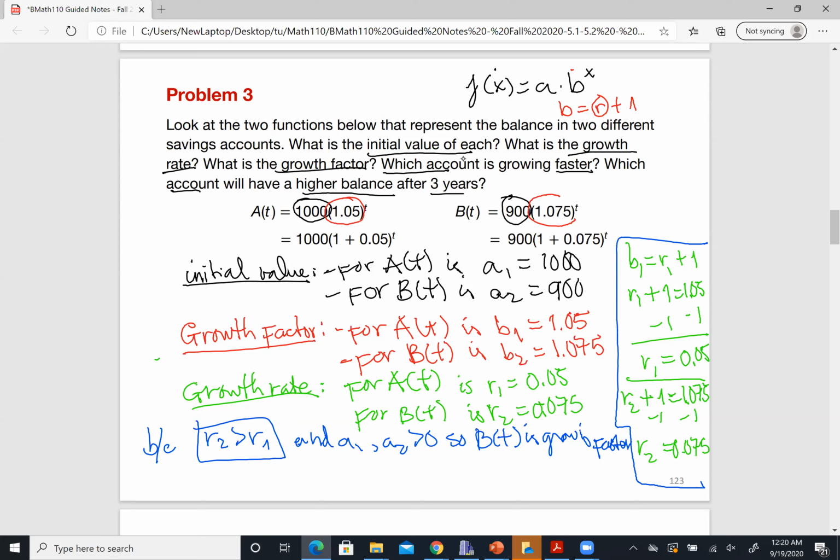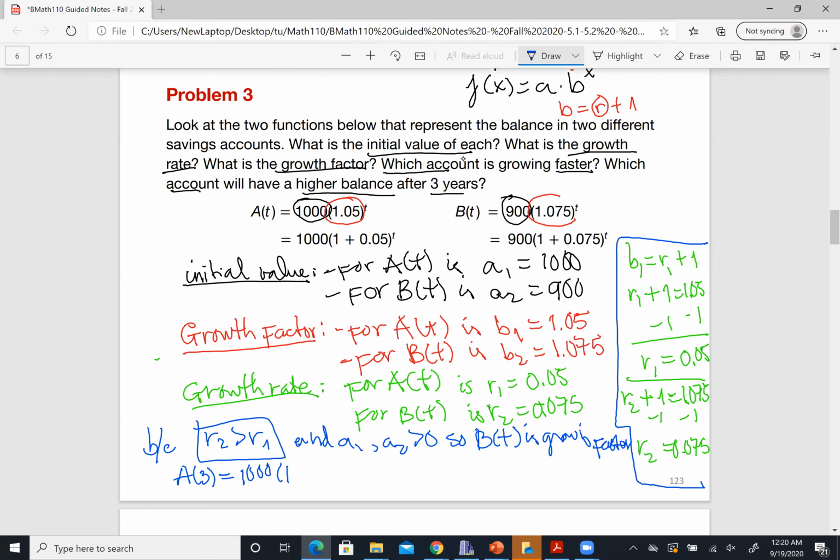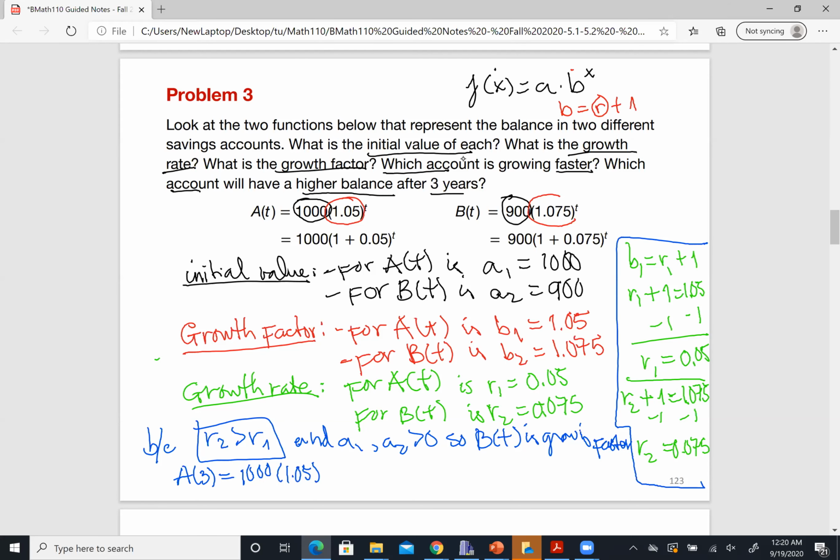And lastly, which account will have higher balance after 3 years? So easily you may have to try A of 3. What is that going to be? You put 1,000 times 1.05 to power 3.